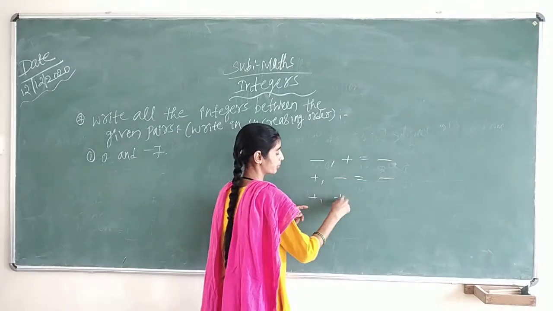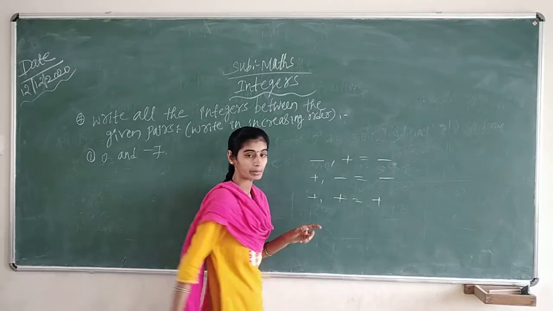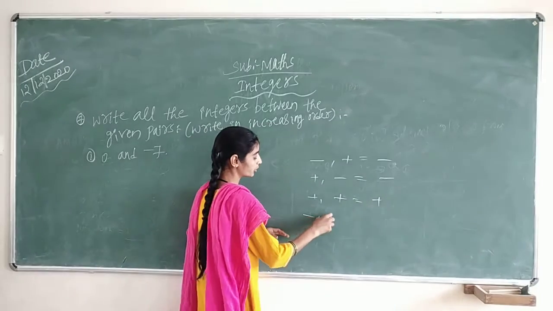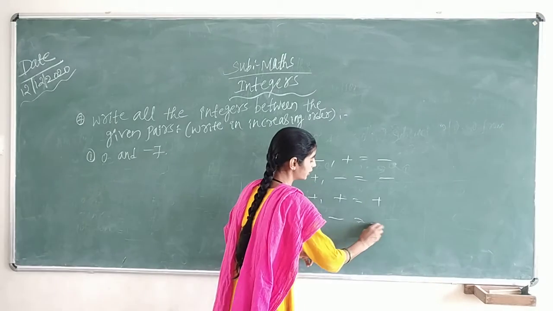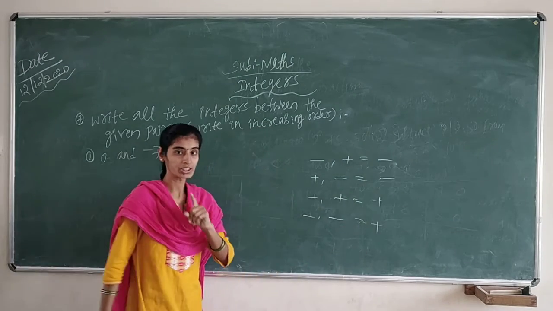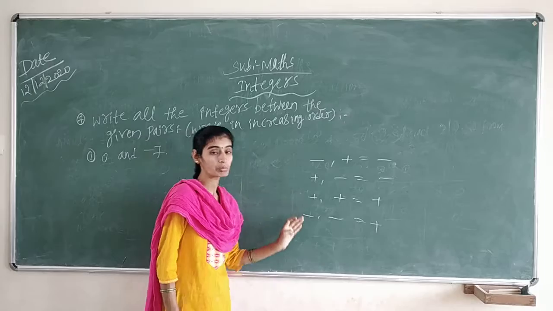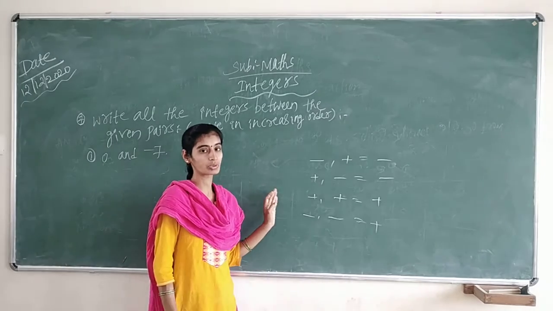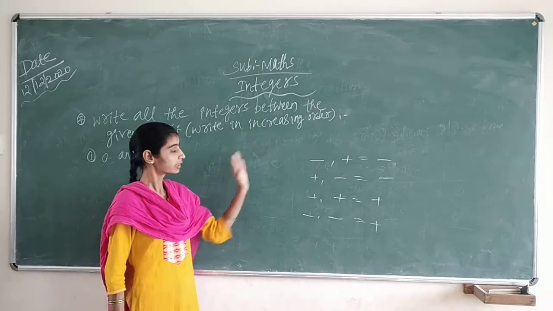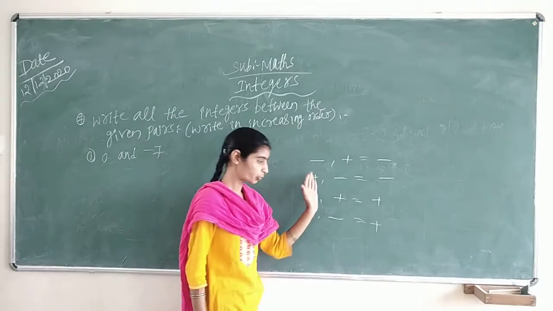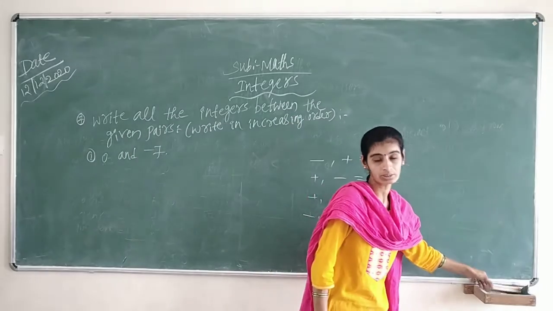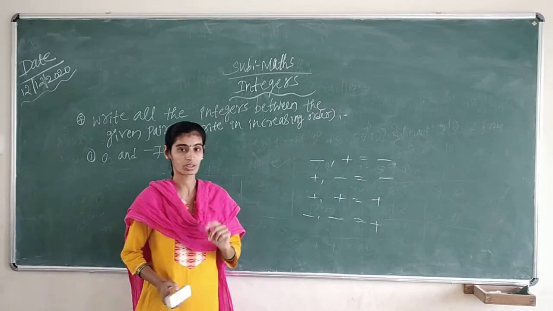When both the numbers are positive, then it will be plus. When both the numbers are minus, at that time you have to do the addition. So these are the 4 important rules which you have to remember, children. This chapter is totally dependent on these 4 rules. If you forget, then you cannot proceed with integers.